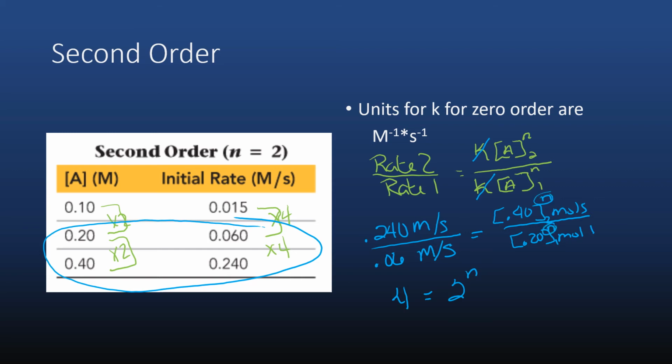Because another way to write this would be 0.4 over 0.2, to the n.